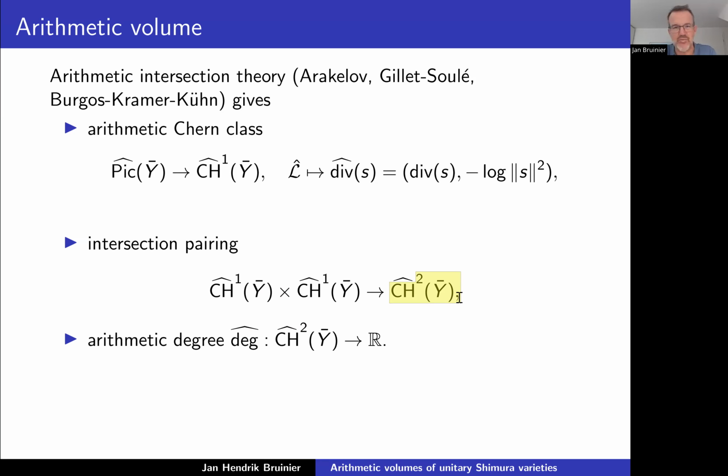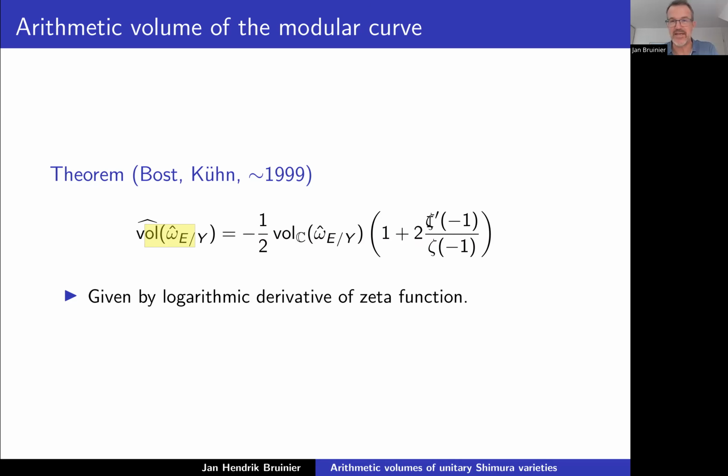And this is a very nice, beautiful result of Jean-Benoît Bost and Ulf Kühn from 1999, I guess, around that time, which says that the arithmetic volume of this metrized Hodge bundle on the modular curve is given by the logarithmic derivative of Riemann zeta at -1.